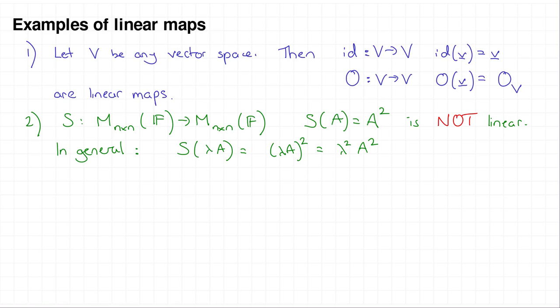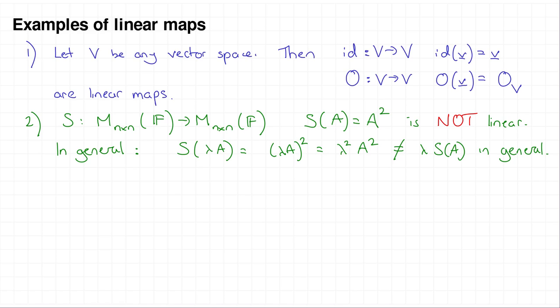And in general, if you're able to find a scalar lambda which is not equal to lambda squared, well then this is not, in general, lambda times S of A. When I say in general, I mean that it doesn't hold for all scalars lambda and all matrices A. But in order to respect scalar multiplication, you've got to have property 1 from the previous slide for all scalars lambda and all elements of the vector space A.